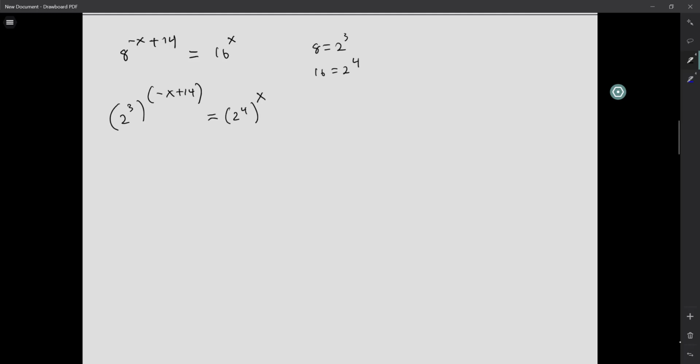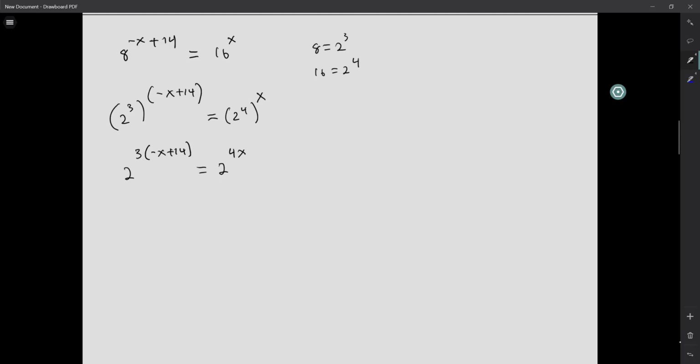And I can simplify this using exponent properties. So exponents upon exponents turns into multiplication. And over here I'll have 2 to the 4x.